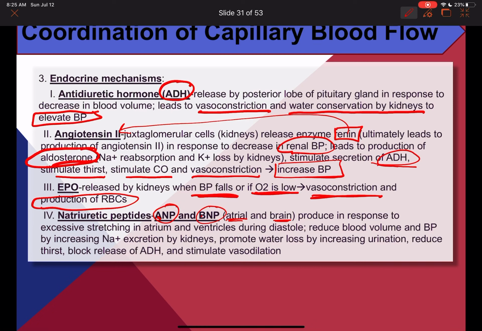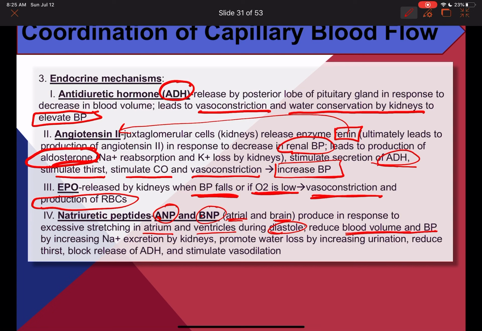They will be produced in response to excessive stretching in the atrium or ventricles during diastole, okay, and reduce blood volume and blood pressure. Because what happens is ANP and BNP are released because they detect a sudden stretching of the heart, okay, in the heart or within the arteries going to the brain area.